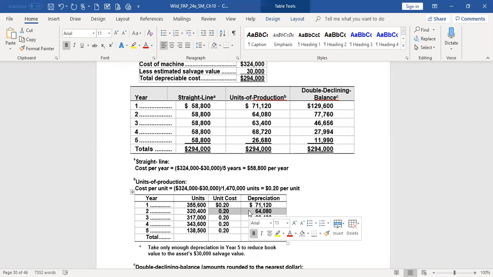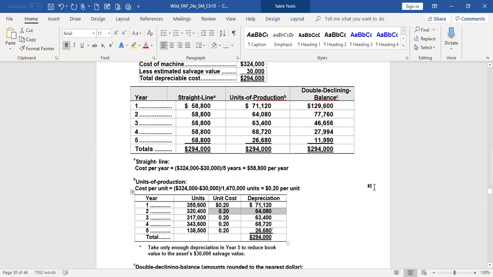Okay, so that's at, give me a second, my calculator jazzed down on me. 355,600 plus 320,400, that's 676,000 units.